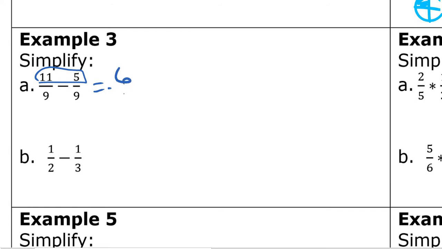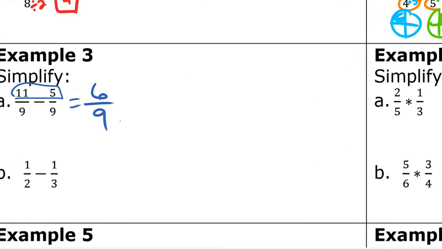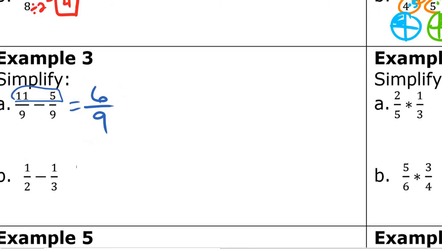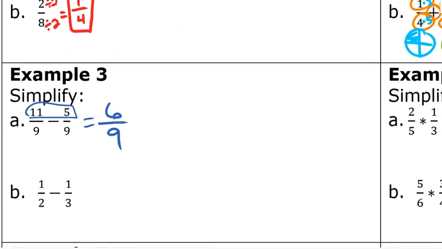The denominator is 9. Hopefully, you are now thinking when you saw this fraction that this would not be our answer because it is not simplified. As we did on number 1, when a fraction can be reduced, we have to reduce it. What can both of these be divided by? The greatest common factor.